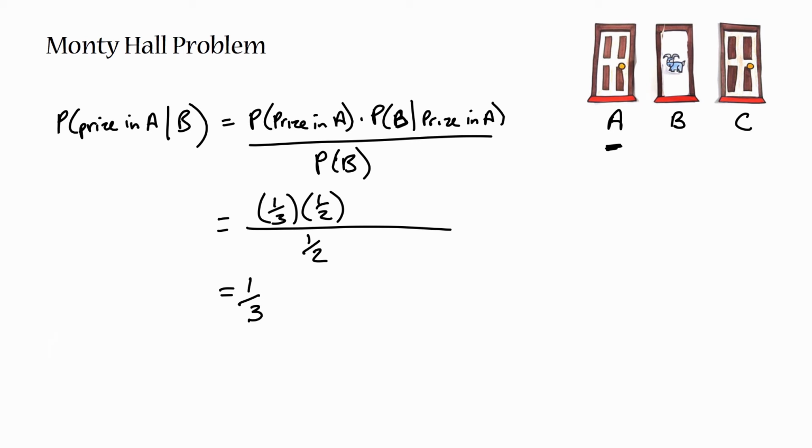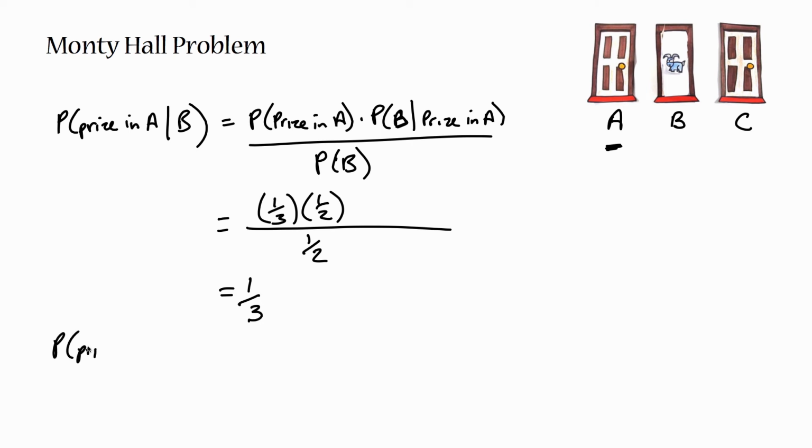So this seems obvious to me, and I've always loved the Monty Hall problem because it seems obvious to me. You should switch. When Monty says, do you want to stick with door A or switch to door C, you should always switch, because there was only a 1 in 3 chance that you're right, which means there's a 2 in 3 chance that it's underneath door C. If you don't believe me, which a lot of you won't, you can calculate it.